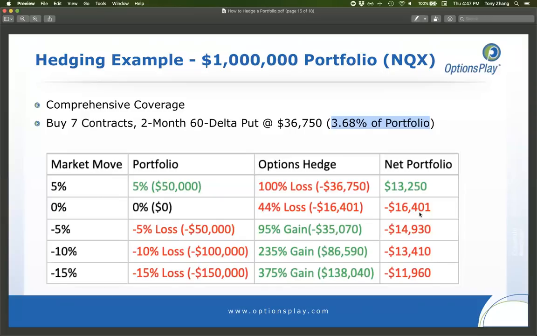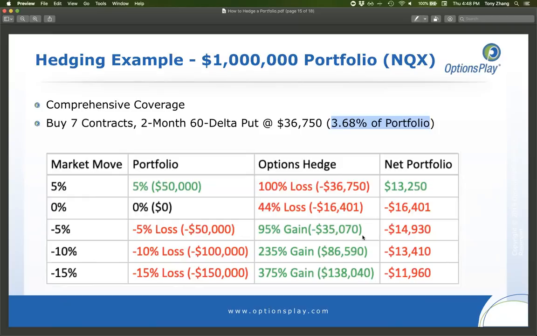Even though I paid significantly more, and even if the market doesn't move, the comprehensive insurance, because it's an in-the-money option, doesn't decay as much, and there's some intrinsic value to the option. So even if the market doesn't move, I actually lose less money with the significantly more expensive insurance than I do with the cheap insurance. That, I think, for most people is a little surprising.